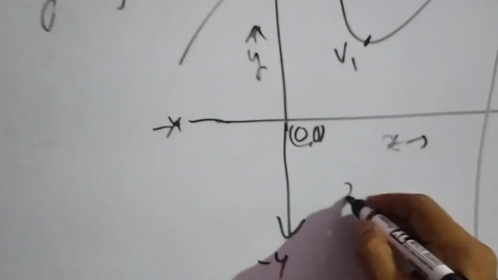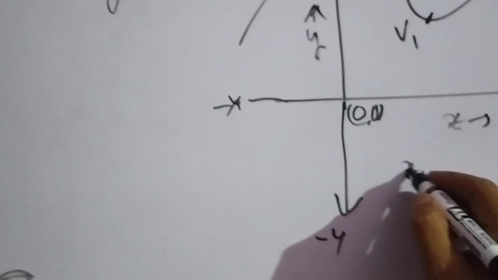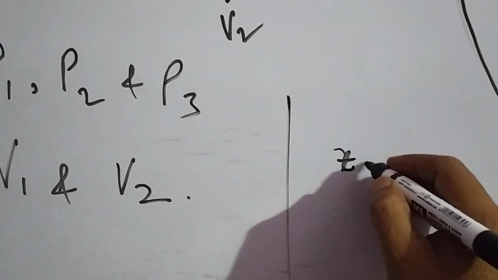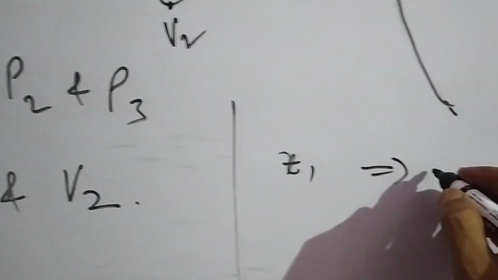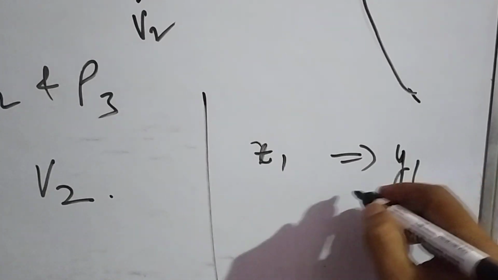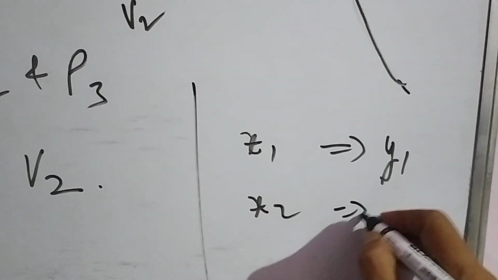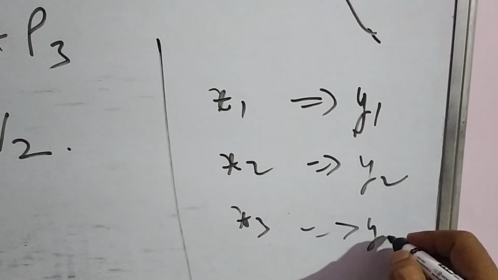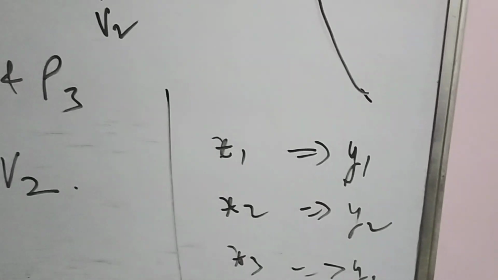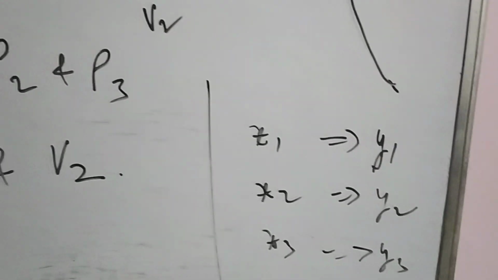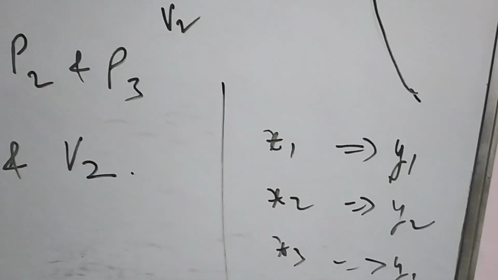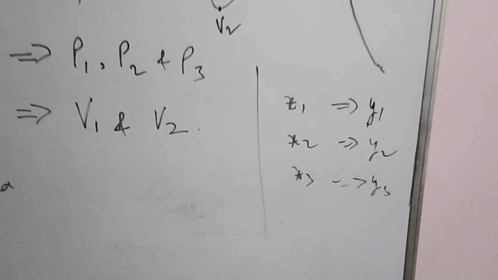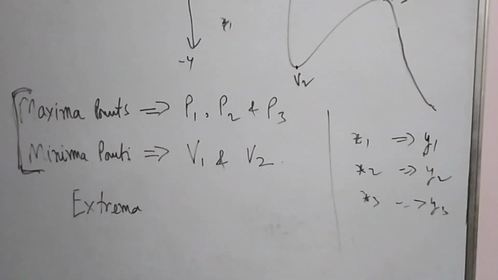Similarly, at x1 there will be y1, x2 will get y2, x3 will get y3, and then we can draw the points on the curve and get the values.